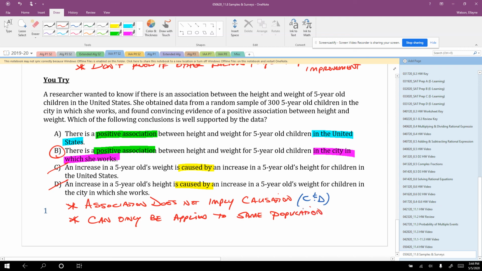Meaning it can be applied to the city, but not all children in the U.S., right? That's the difference between A and B, so that's why B is your answer there.